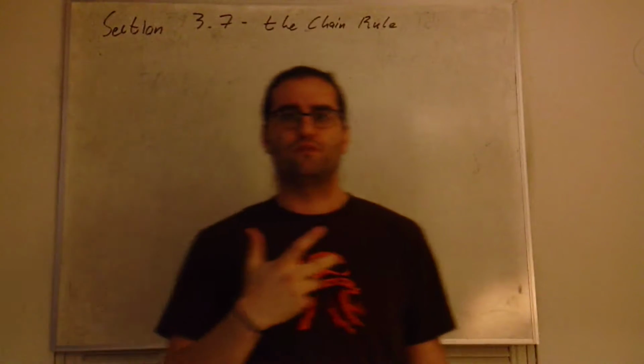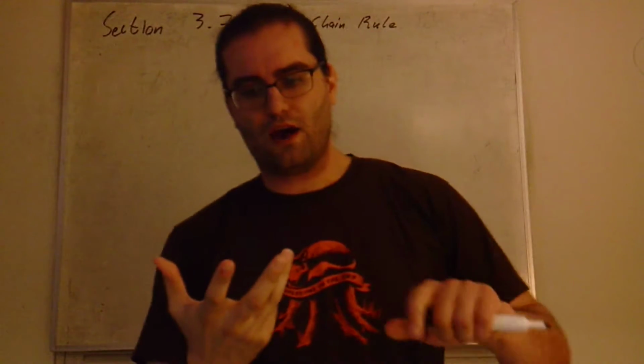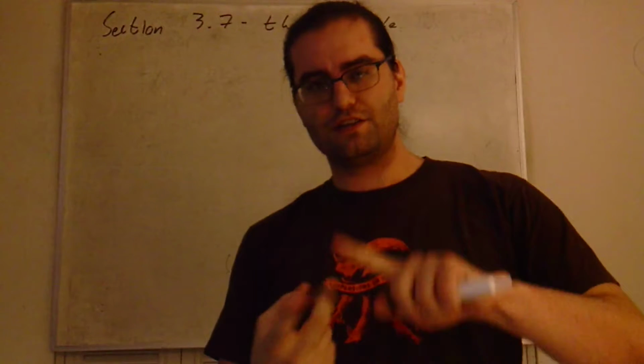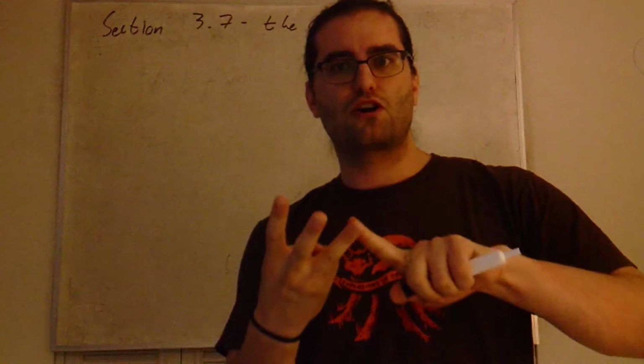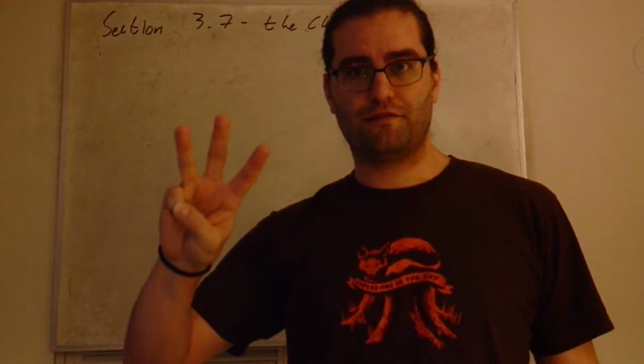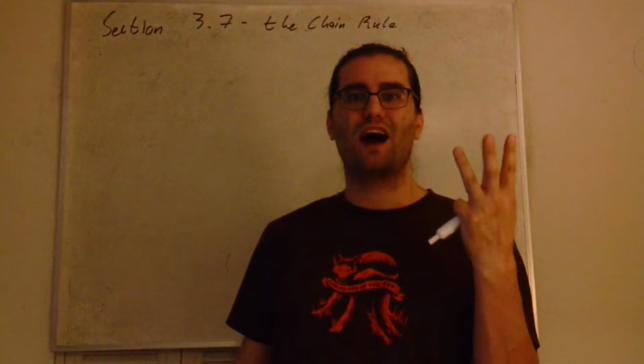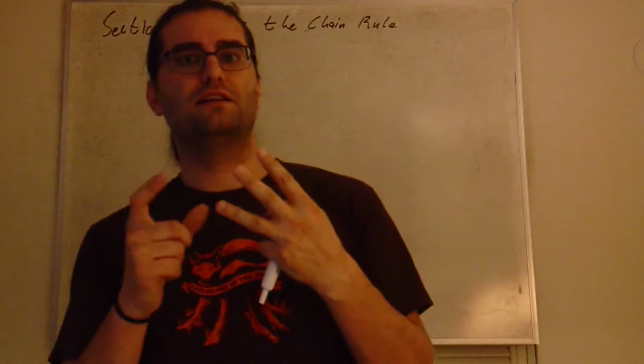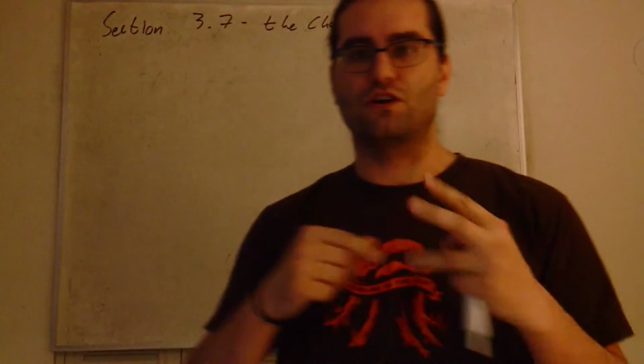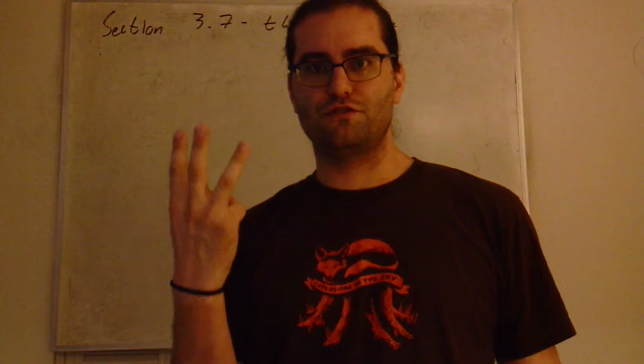Quick review. We've talked about how, when you're taking derivatives, addition, subtraction, coefficients are all safe. Multiplication, division, and composition are not safe. So, for addition, subtraction, coefficients, you don't need any special rules.